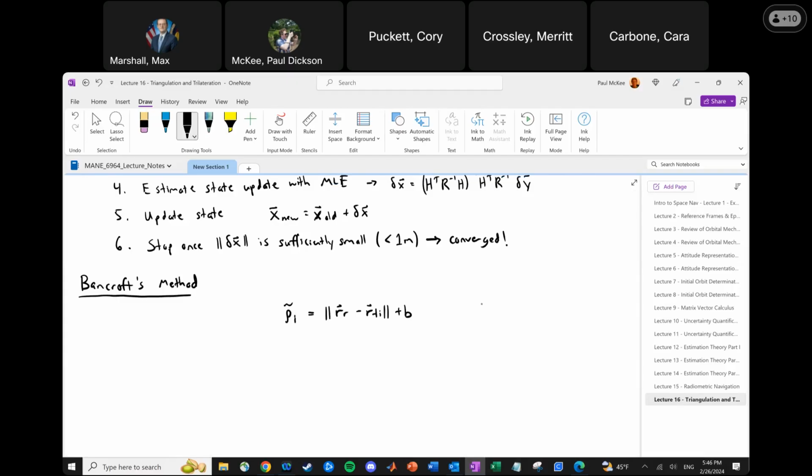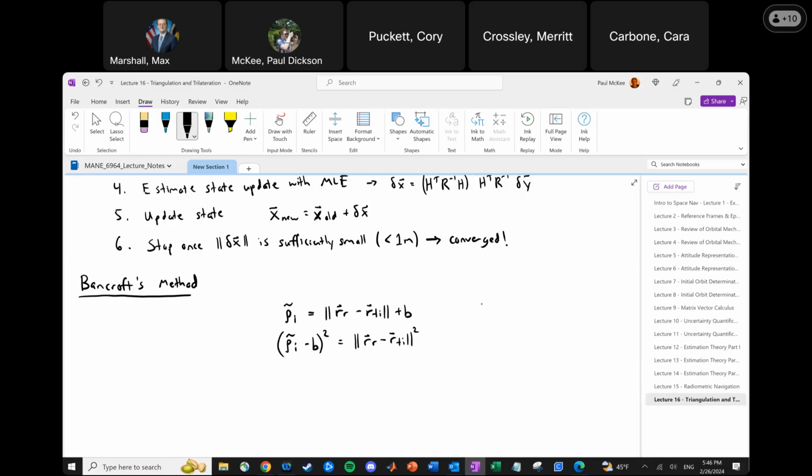Okay, I'm going to subtract b. So I'm going to say this is really rho sub I minus b, and I'm going to square both sides. That allows us to unpack this as r sub r minus r sub ti squared. If we distribute, this goes back to our high school or middle school math, foiling.